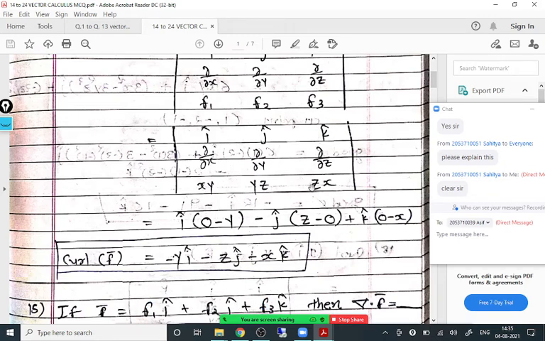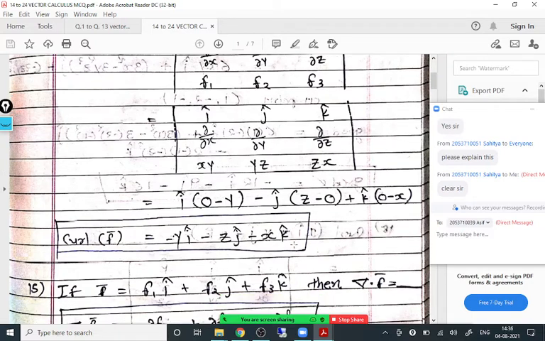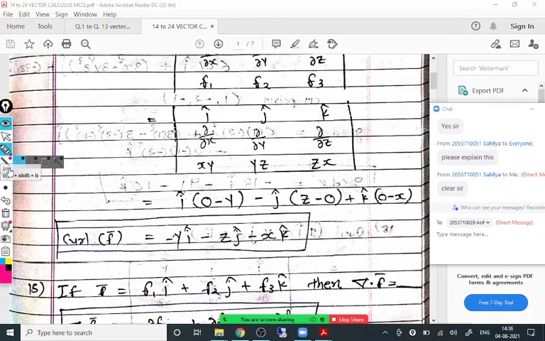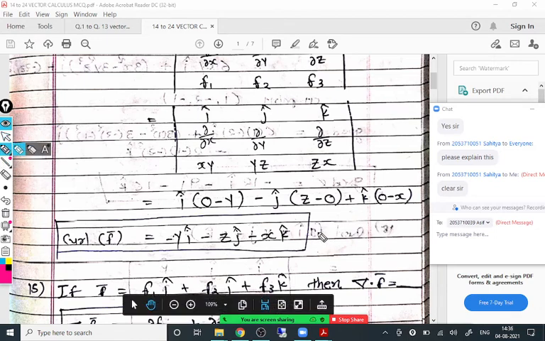Directly you can put F1, F2, F3 here, and you have to take i cap into this derivative with y, this derivative with z, that is written y. Okay, so I think it is correct. It is just a formula oriented question. If anyone has a doubt here also, you can ask. The correct answer there. Any doubt?